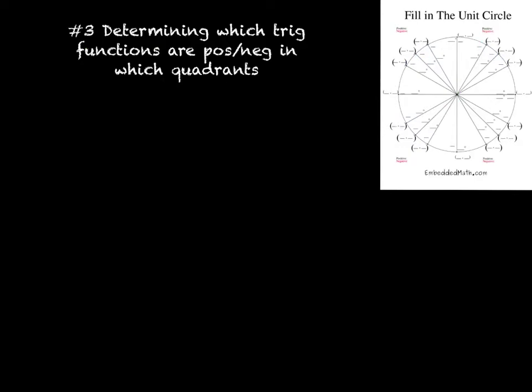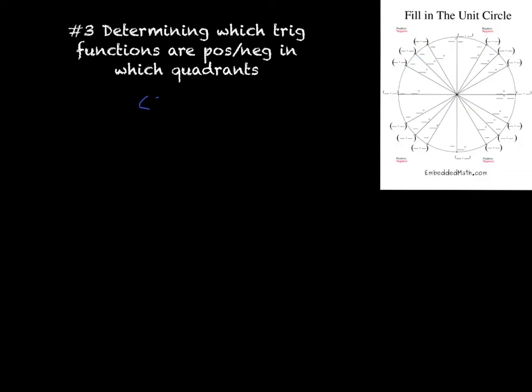All right, on this slide we want to determine which trig functions are positive and negative in which quadrants. All right, so let's start out with quadrant 1. Well, first of all, let's remind ourselves of something.